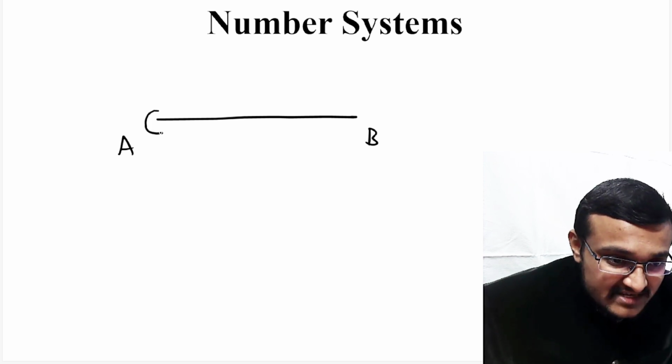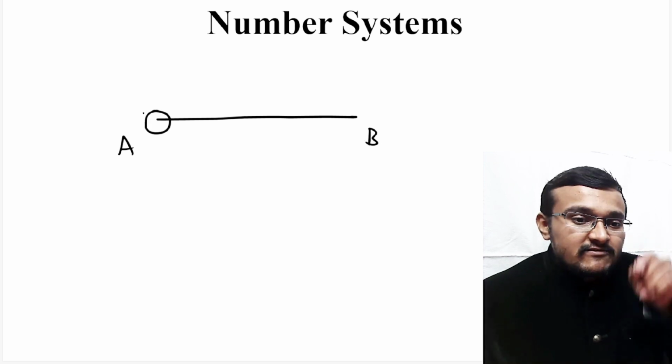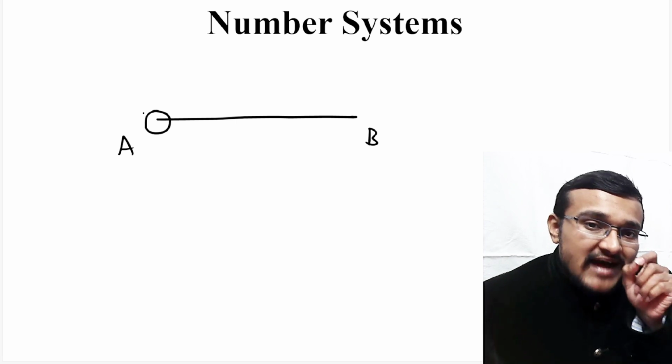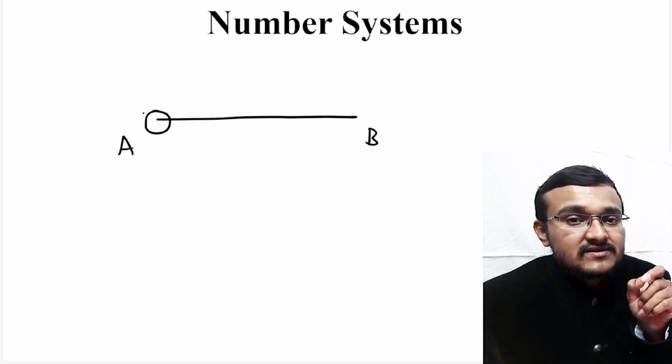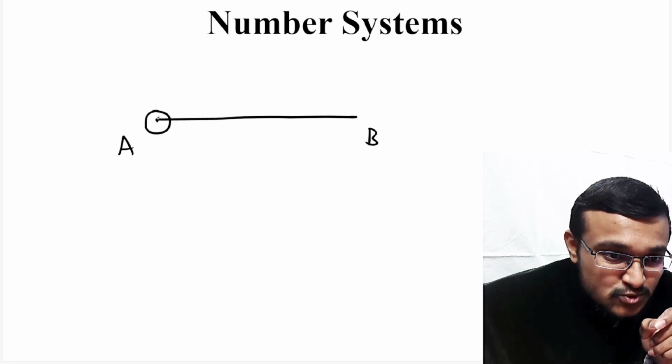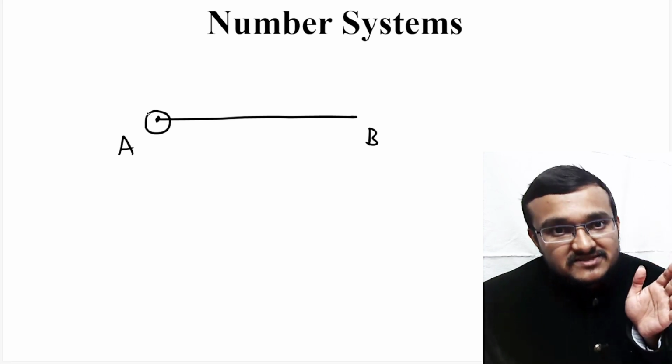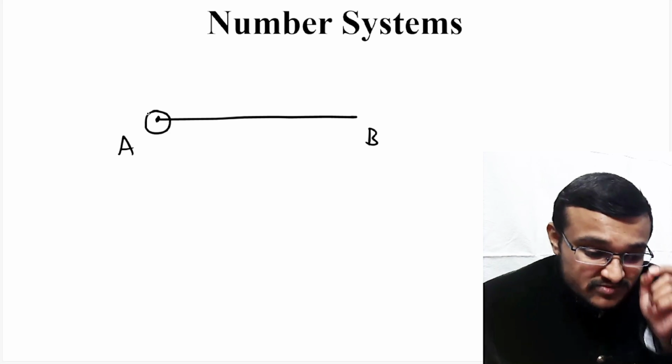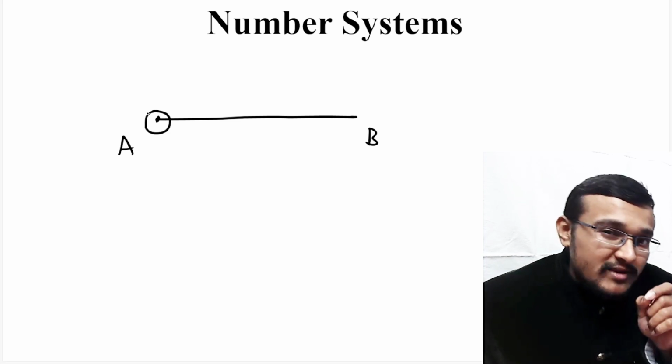When I zoom into this particular part, there will be thousands of atoms present at that point. If I even zoom into the atom, there are so many subatomic particles.